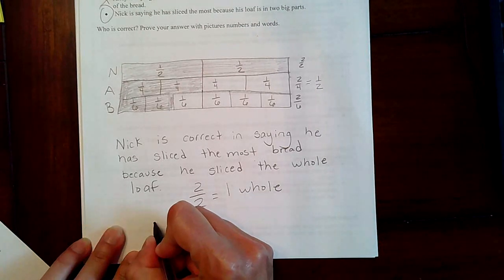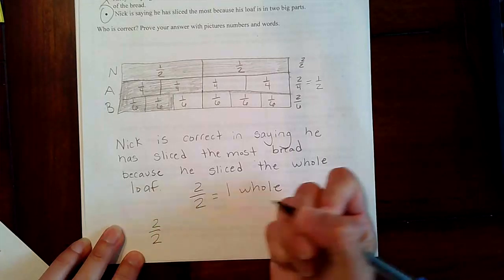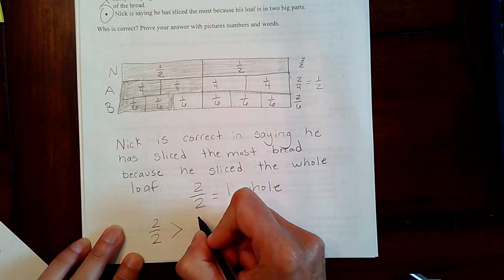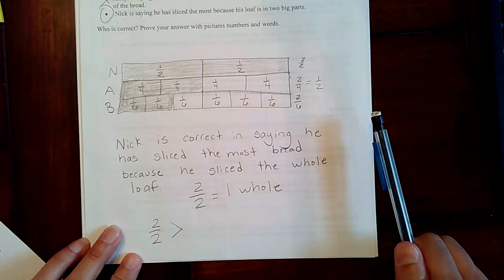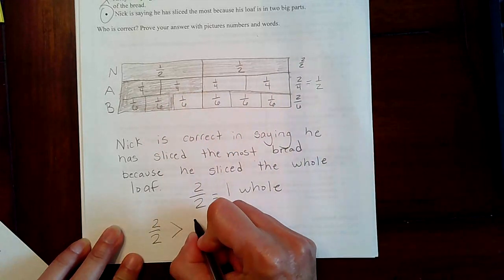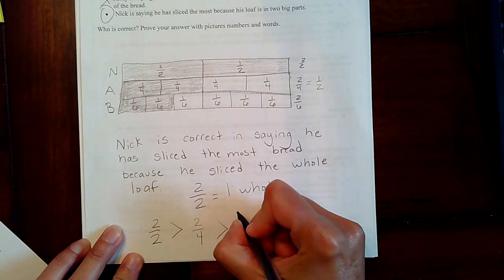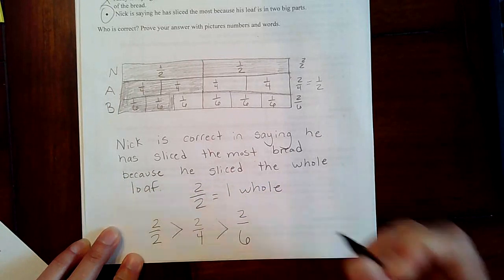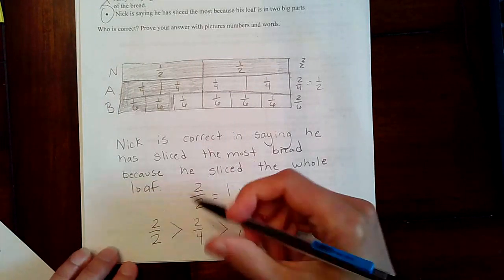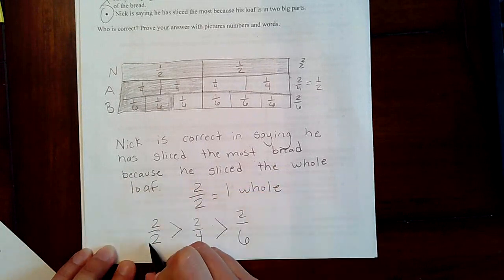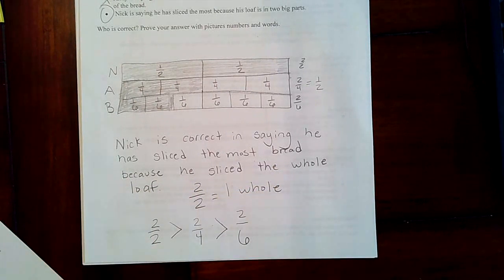So let's start with the largest. 2/2 is greater than, which fraction would be in the middle? 2/4. And 2/4 is greater than 2/6. So we put those in order from largest to smallest. We could turn them around and put them in order from smallest to largest. So I hope that you got that one right, and we'll do another one tomorrow.